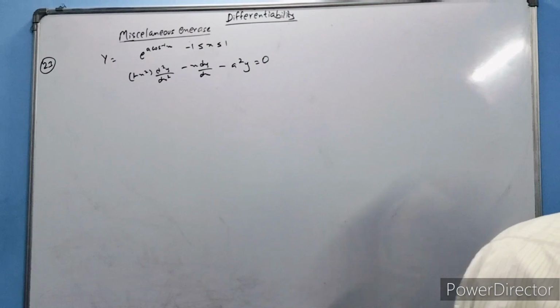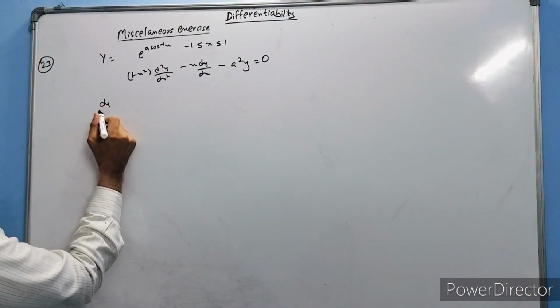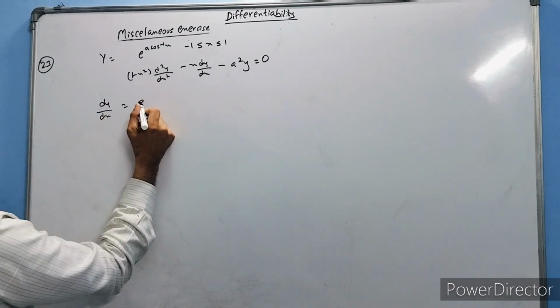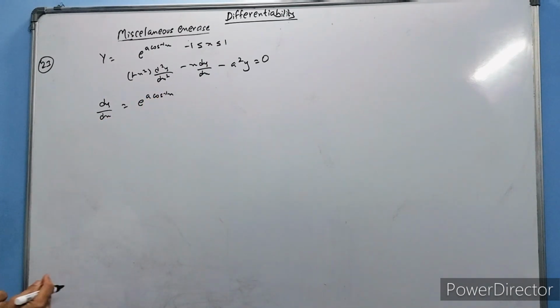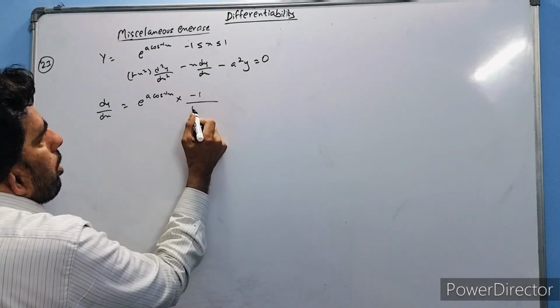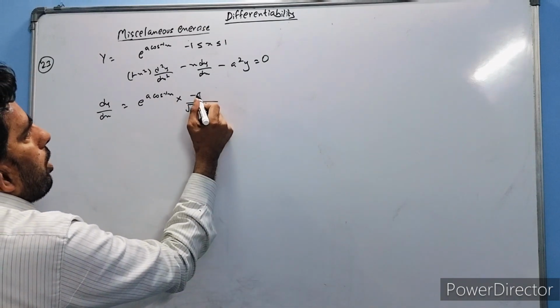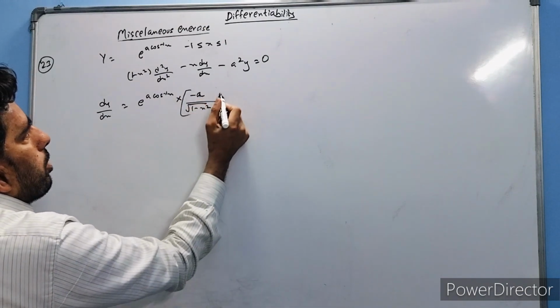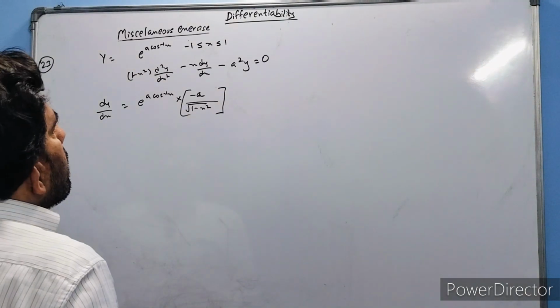So first of all, we need to find dy upon dx of this. So it will be e raised to the power a cos inverse x, times the differentiation of cos inverse x, which is −1 upon under root of 1 minus x square, and we'll have a here as a constant term. Okay, so that is how we have found dy upon dx.